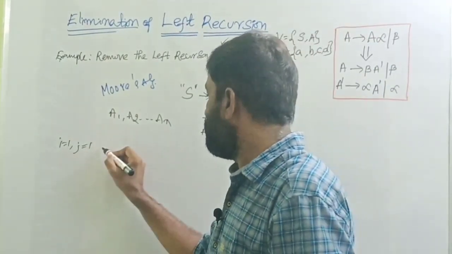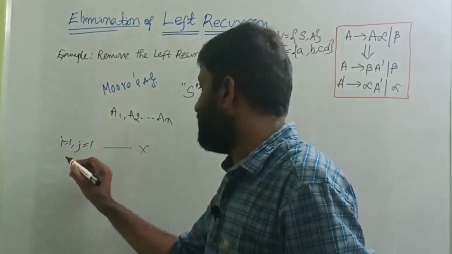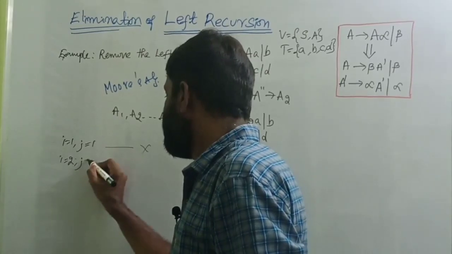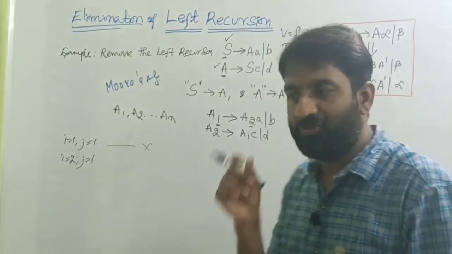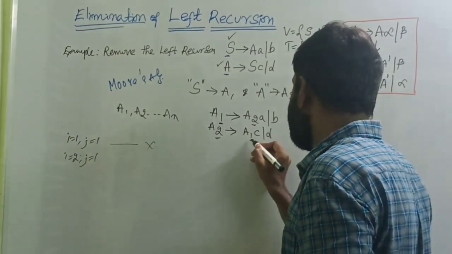So there is no production that matches this. Then i equals 2, j equals 1. So this matches: i equals 2, j equals 1.